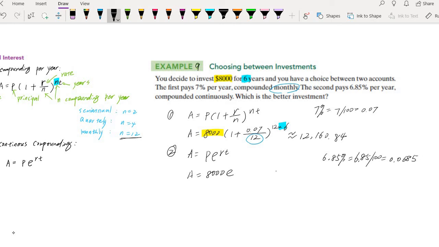That is our rate, and then the t is the same, 6 years. Once we have this set up, all you have to do is plug it into your calculator. So we're going to have around $12,066.60, and you should realize our account 1 will make more money.